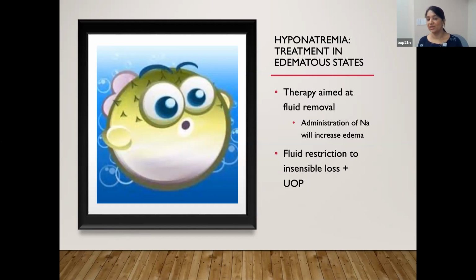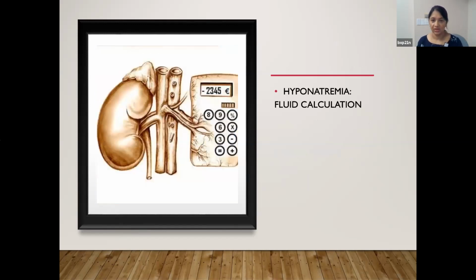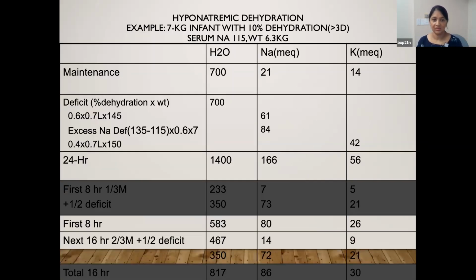But you can give insensible losses, which is closer to 400 to 750 per meter square. That's the range, plus the urine output, whatever urine output they make hourly, you can just replace that to the patients. And this is basically the dehydration, which Dr. Blackburn already covered. So I just put it here.